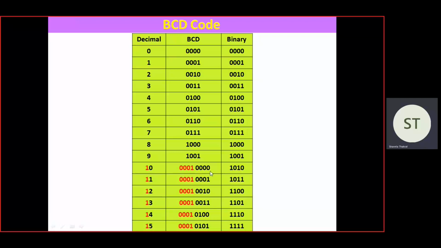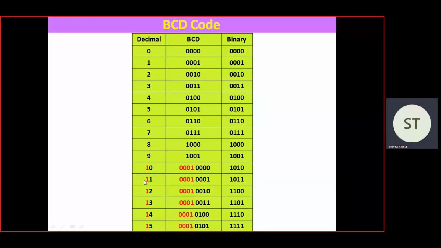So that is the basic difference here: in the BCD each digit in the decimal is considered separately for writing the BCD codes in terms of 4 bits of binary. That's why this is called binary coded decimal. Each decimal digit is coded in terms of binary in terms of 4 bits.